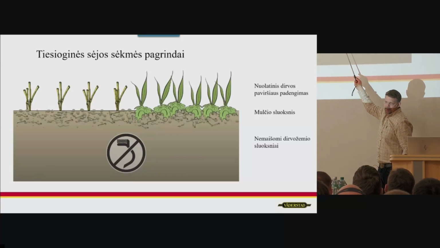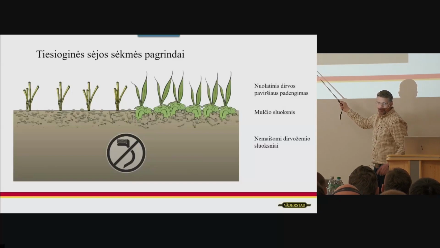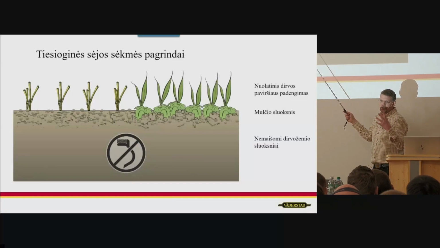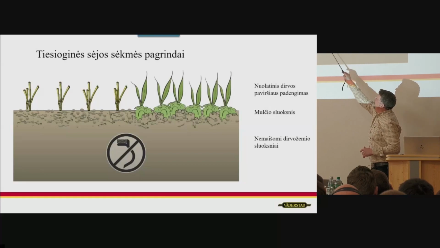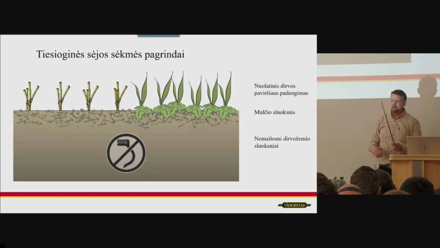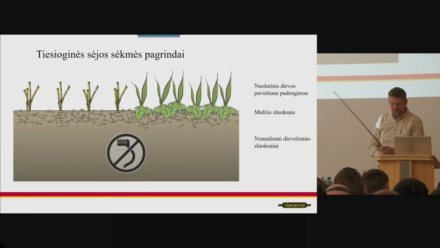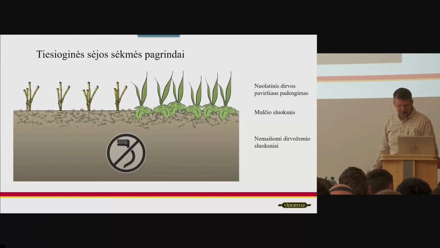Once you establish this layer, you do not want to mix up this soil anymore. So keep that in mind. This is also one of the key bring-alongs: once created, don't mess with that layer. That is the base for your success in the no-till, this layer here. So keep this one in mind.